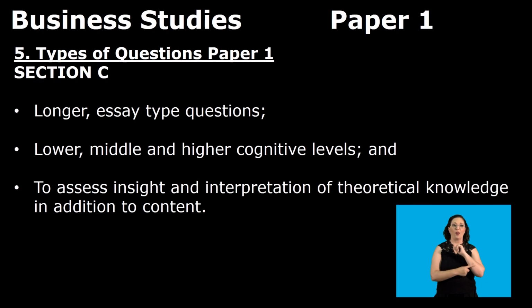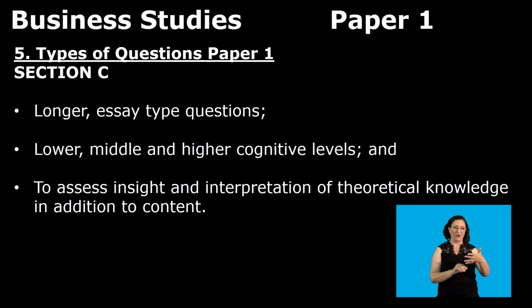All right, and then now we're moving on to the last section, which is section C of your question. We are busy with the structure of your essay. Remember, we started with section A, we went on to section B. Now we are in section C, and section C, remember we said it consists of 2 essay questions. So you are required to answer any one of the 2. So these are longer essay type questions.